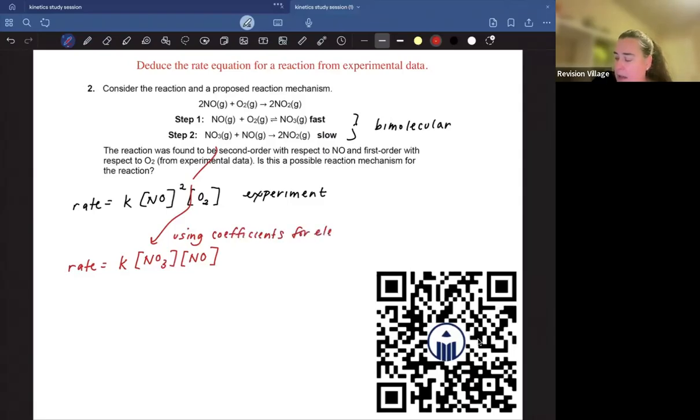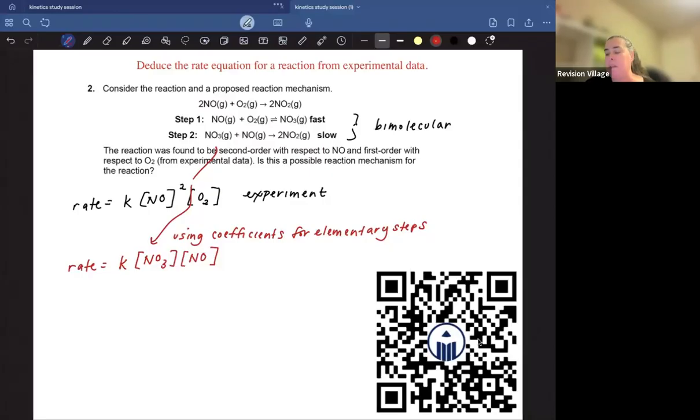This is the only time I'm allowed to use the coefficients in the equation. And it's because I'm saying that that reaction is like really the collision of a nitrogen trioxide and a nitrogen monoxide, that they're coming together.